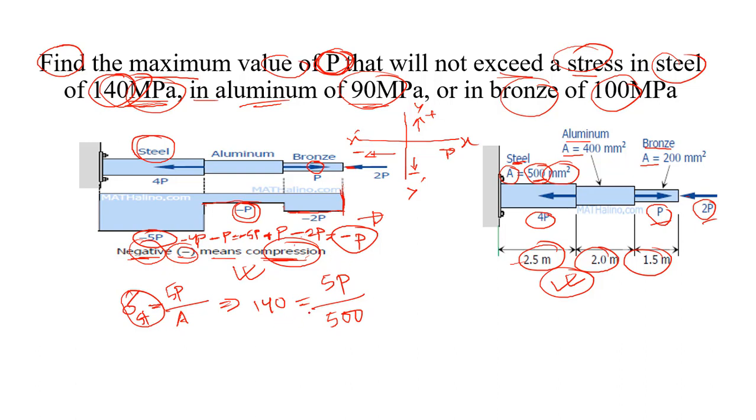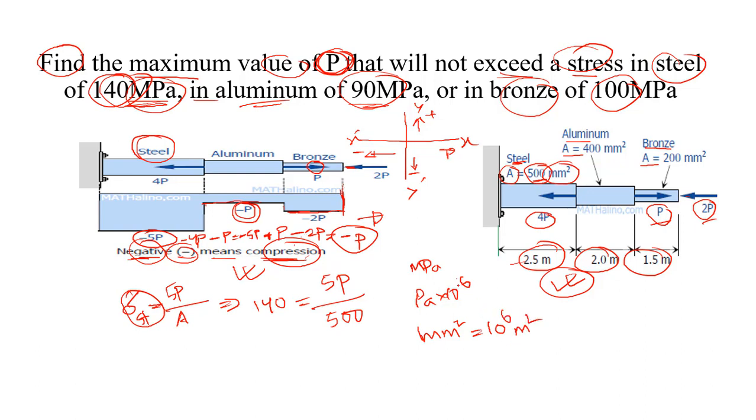Megapascal is the same: if I say megapascal, that means pascal times 10 to the power 6. And again, if we convert millimeter square to 10 to the power minus 6 meter square, it is the same.